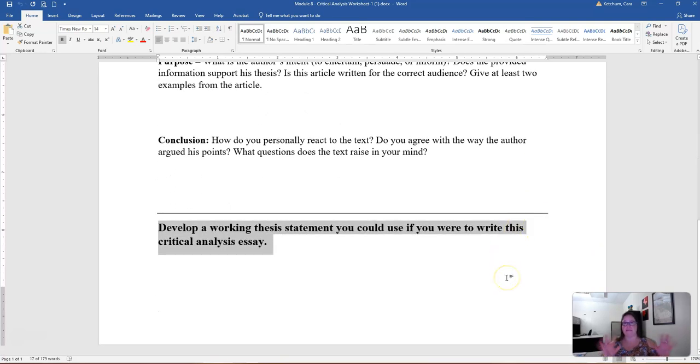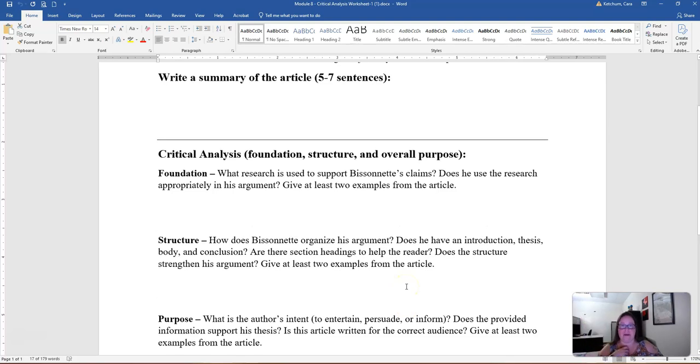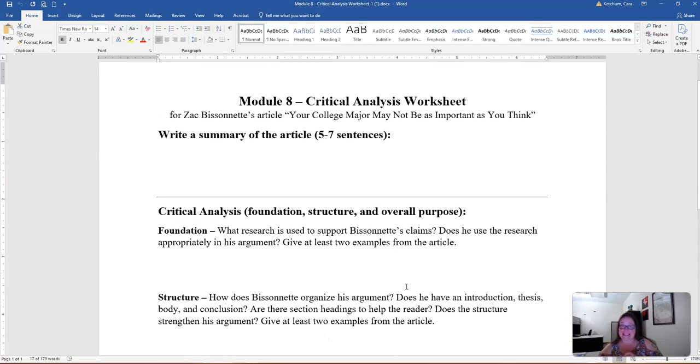Or Zach Bissonette is hit and miss in his article featuring college majors and their importance. Okay. What statement would you make that's going to bottom line everything you just wrote in all of these sections above? Okay. Working thesis statement. Again, you do not have to write this essay.